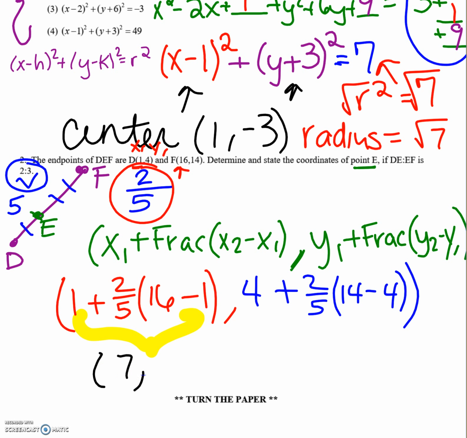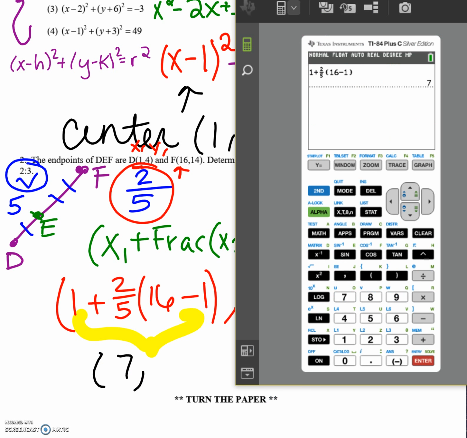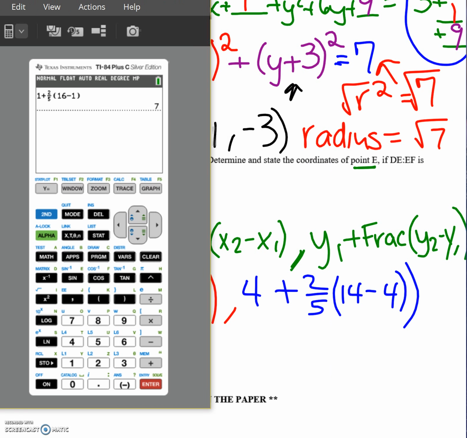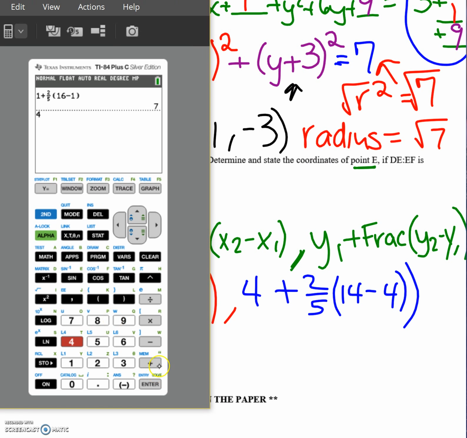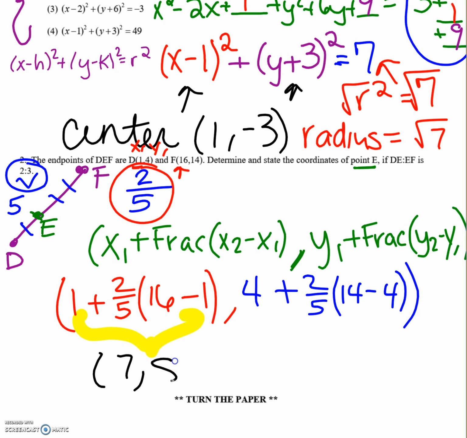So my x coordinate is 7 for E, and I'm going to do the same thing for my y's. 4 plus alpha y equals, enter, 2 over 5 times 14 minus 4, and hit enter, and I get 8. So in order to partition D to F, I need to place E at the point (7, 8) to break it into a 2 to 3 ratio.